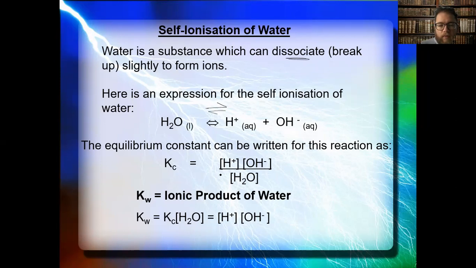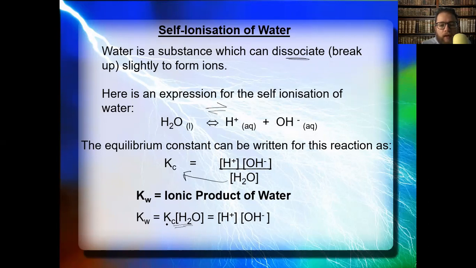And what we then do is we cross multiply. So we multiply the H2O by the Kc, and you get this value here, which we call Kw, the ionic product of water. So basically, Kc is a constant value at a certain temperature, and the H2O concentration is a constant value.